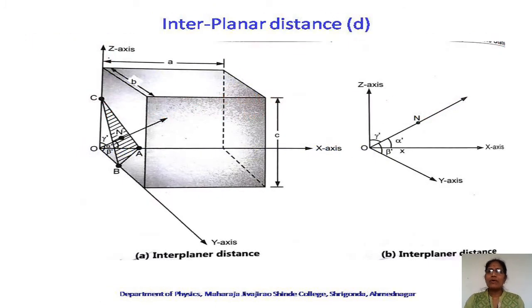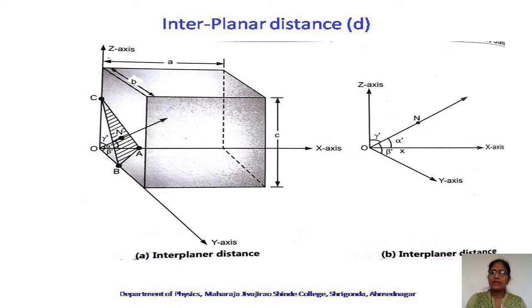Now, in order to find the interplanar distance, consider the point at origin and draw a plane as shown in the figure, that is plane ABC, which is parallel to the origin. We have considered that this plane belongs to a family of Miller indices hkl.